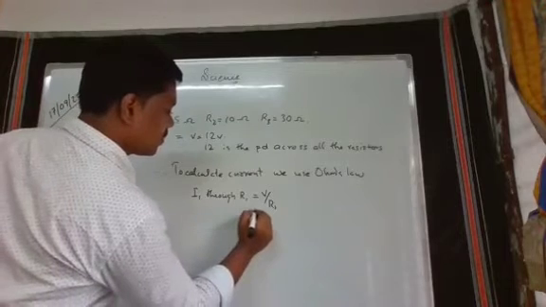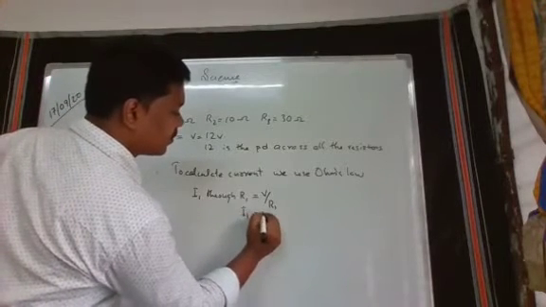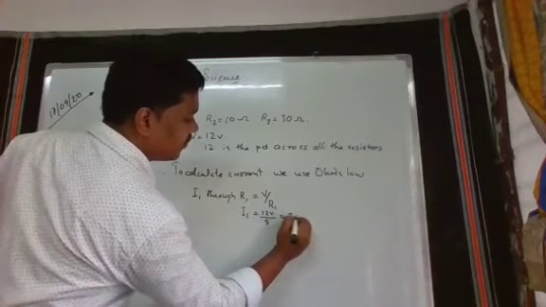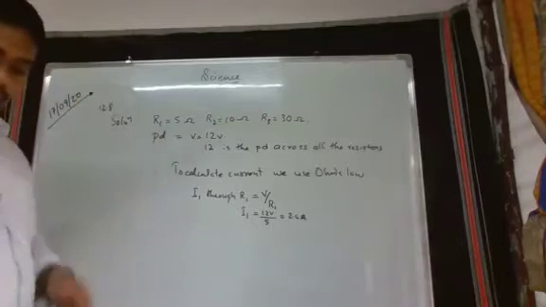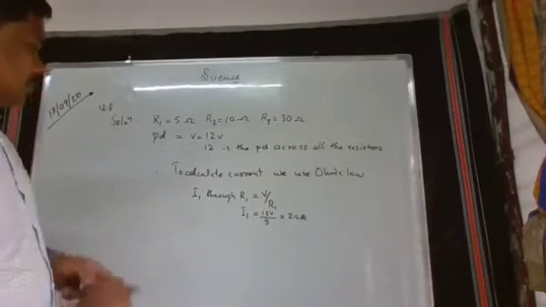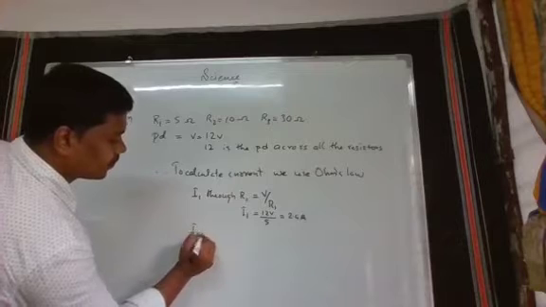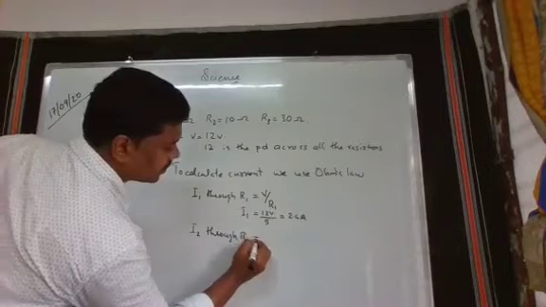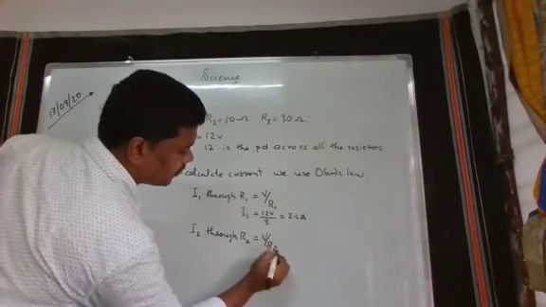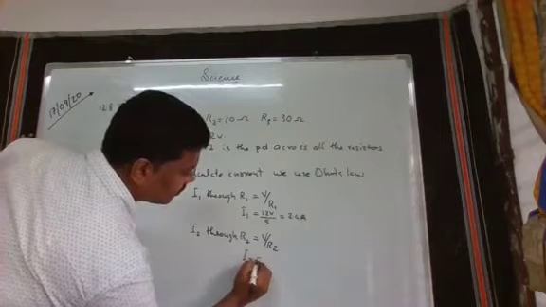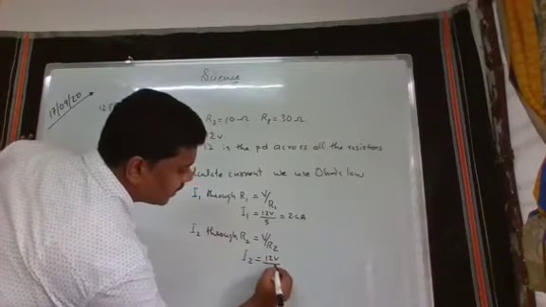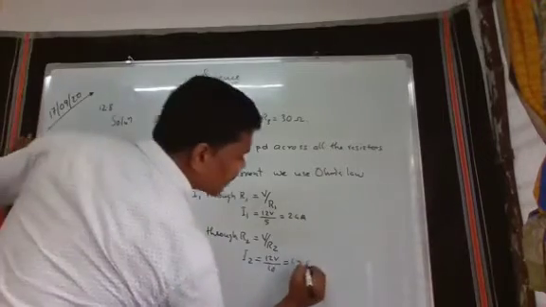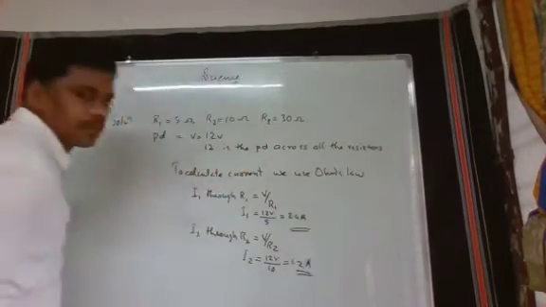Therefore, I1 is equal to 12 volt by 5, that is 2.4 ampere. And I2 through R2 is equal to V by R2. So I2 is equal to 12 volt by 10, that is 1.2 ampere. Is it clear?